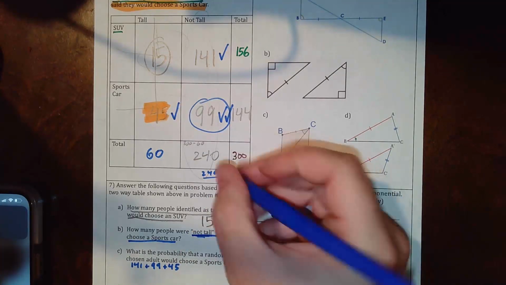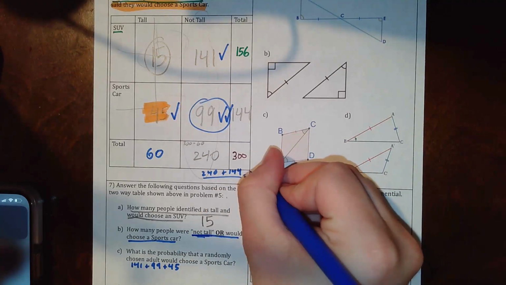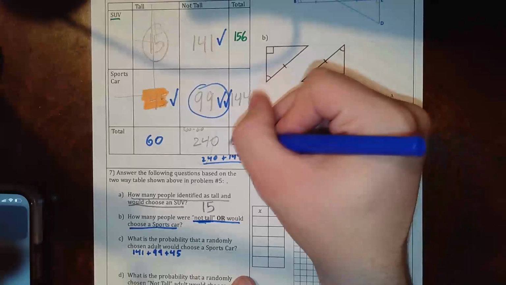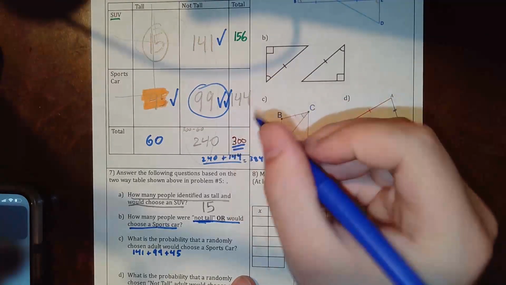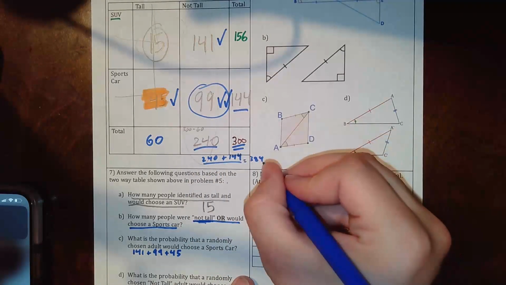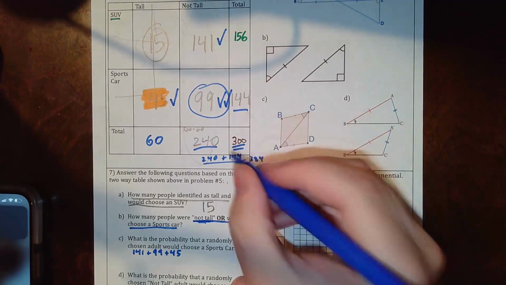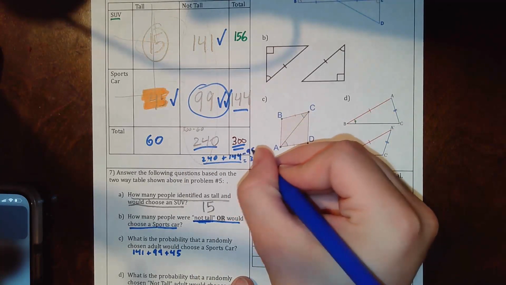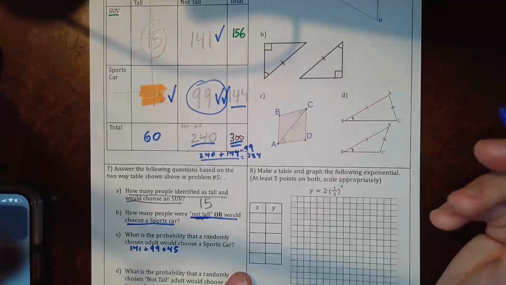That would be 384. You would get 384. How many people are there actually? Right? There's only 300 people. So that means if you are going to use the totals, you must subtract 99. You cannot count 99 people twice.